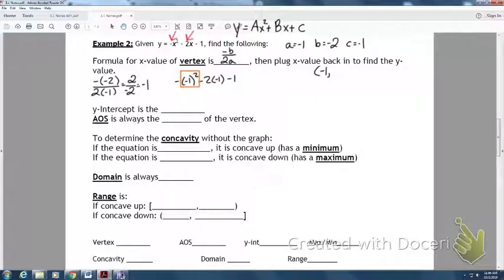Negative 1 times negative 1 is what? 1. Okay. But I still have that negative right there, so it's going to be negative 1. Negative 2 times negative 1 is positive 2. Then minus 1. And so what is the y value going to be? 0.